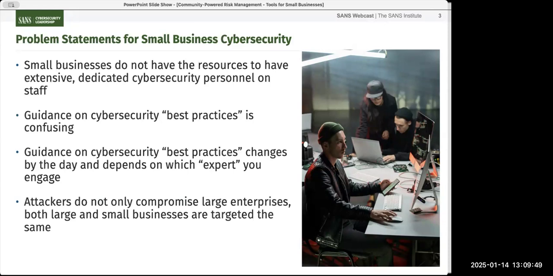If we look at big businesses and smaller businesses, I feel like what you're going to find is that it really doesn't matter how big you are. If you have an IP address, if you're on the internet, if you receive email, if you visit websites, you're potentially a target. It doesn't mean that you're going to be targeted by a nation state per se, but it doesn't mean that you're not.